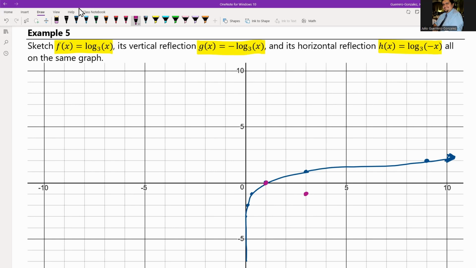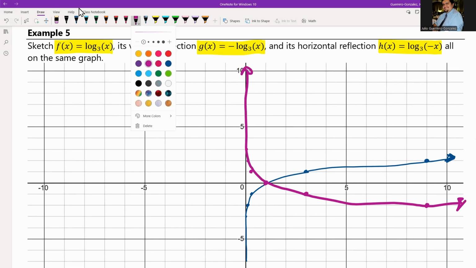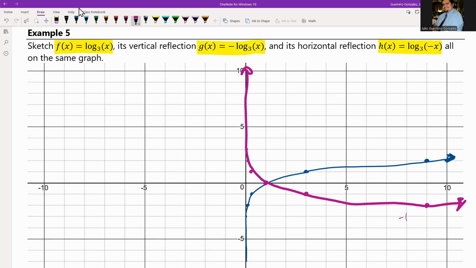This point moves here. And then it does the exact same thing, but now it goes upwards like this. This one is negative log base 3 of x.